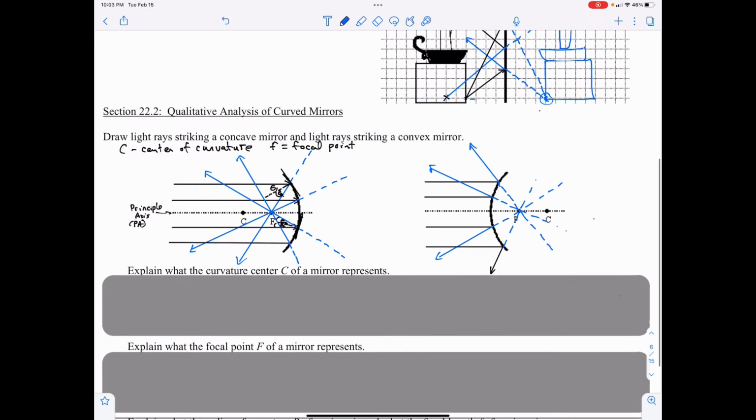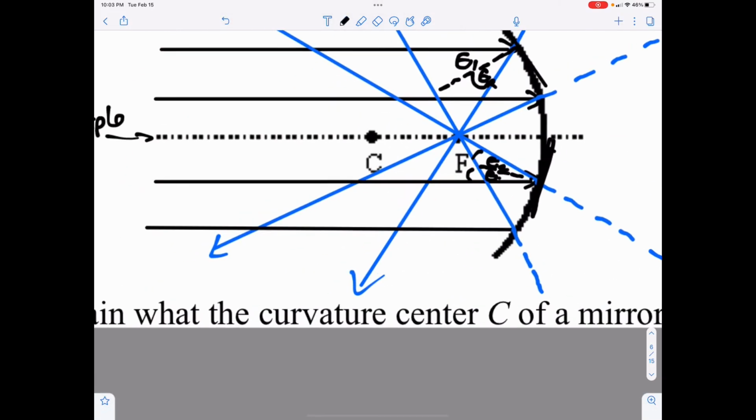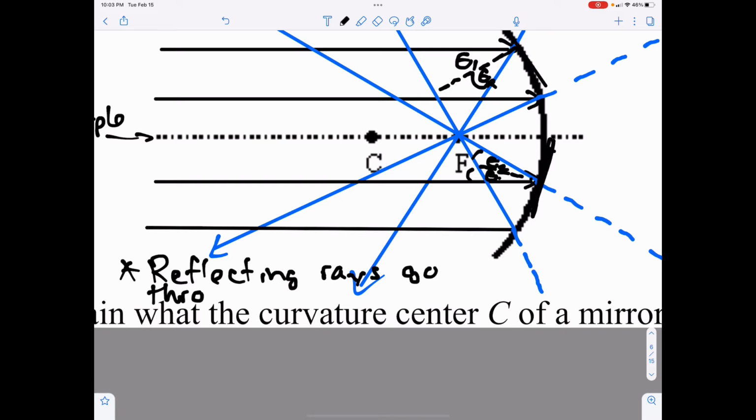So notice for a concave mirror, reflecting rays go through the focal point. Let's make a note of that. Reflecting rays go through the focal point.